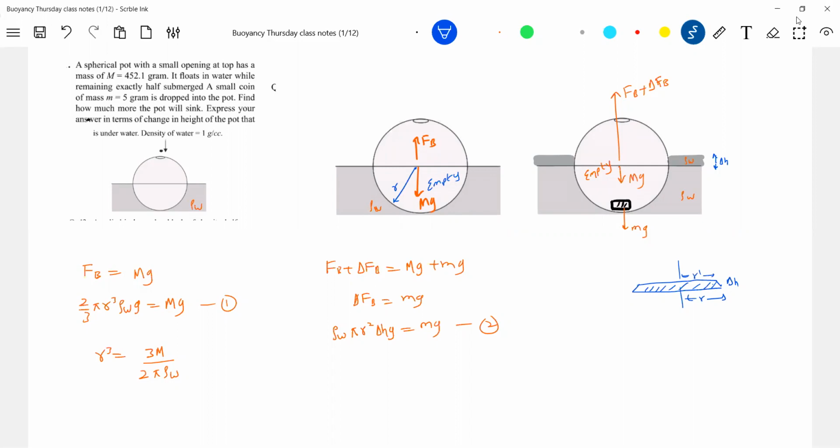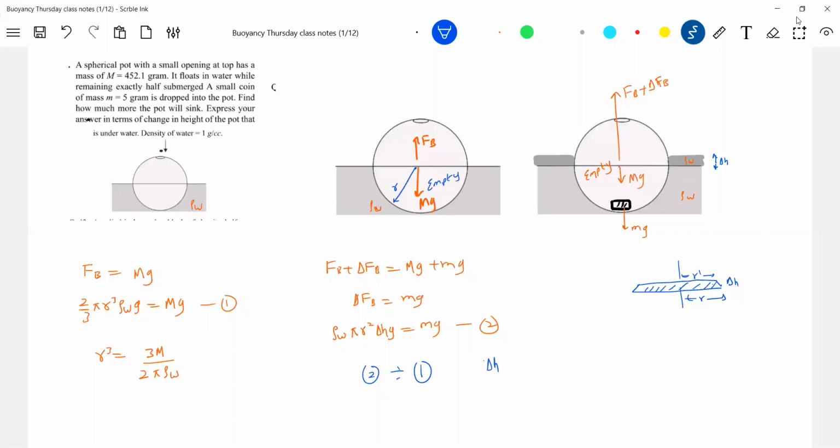So I think now dividing 192, we'll get expression for delta H straight away because everything is in grams. No, this will be, let me divide 192 and dividing 2 and 1. So dividing 2 and 1, rho pi r square.